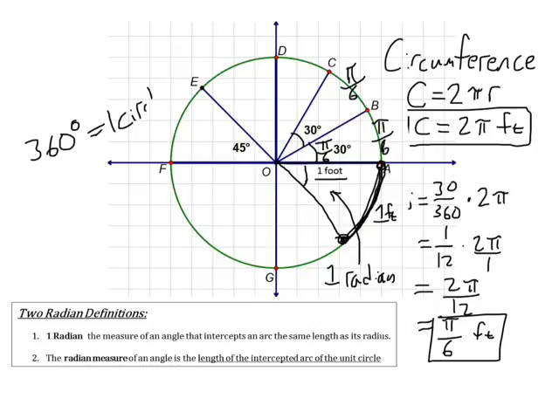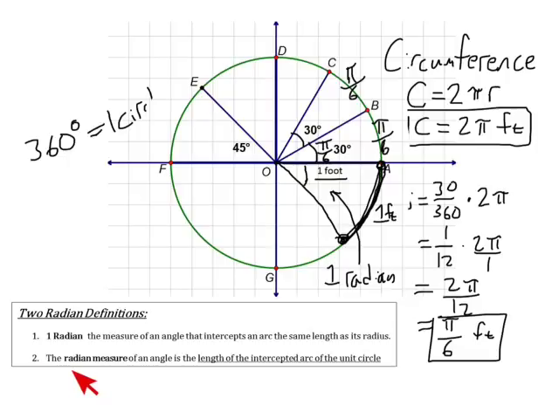The standard definition that you'll see in most textbooks is that 1 radian is the measure of an angle that intercepts an arc that is the same length as the radius. So this is a 1 radian angle. If we take our radius of 1 foot and wrap it around the circle, that would give us this angle of 1 radian.